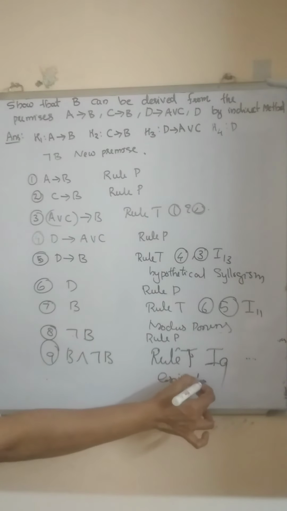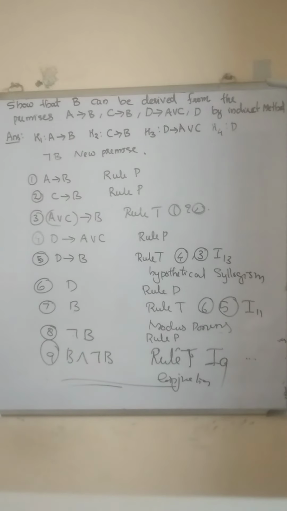So here we arrive at a contradiction. Therefore B can be derived from the set of premises.